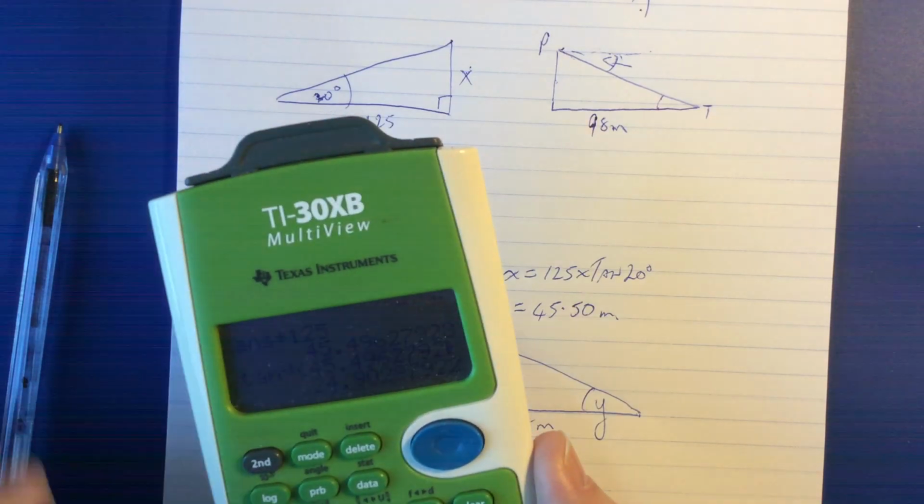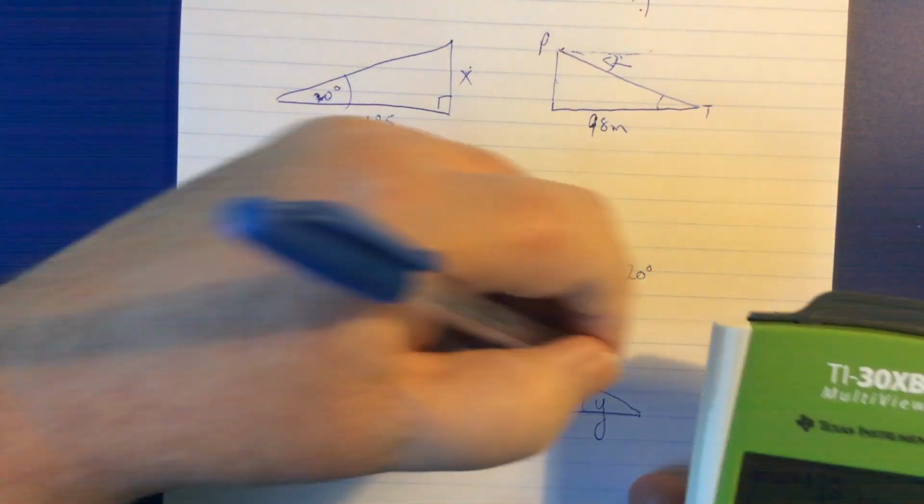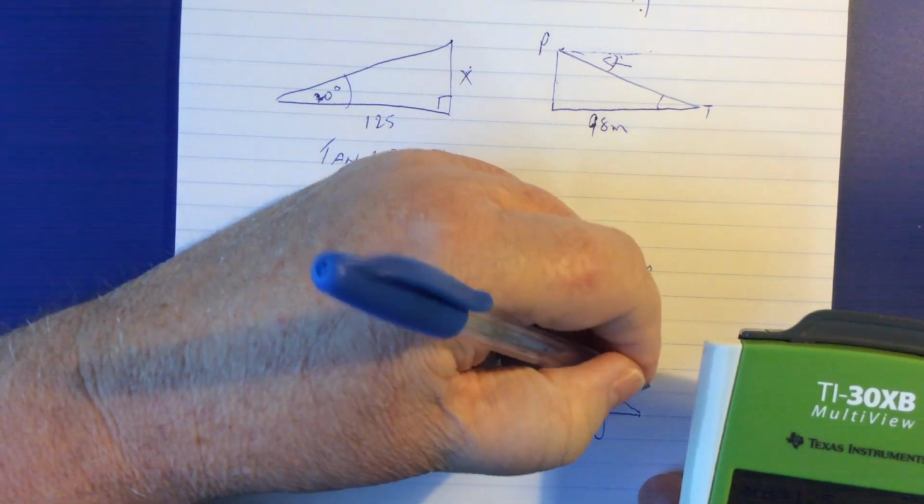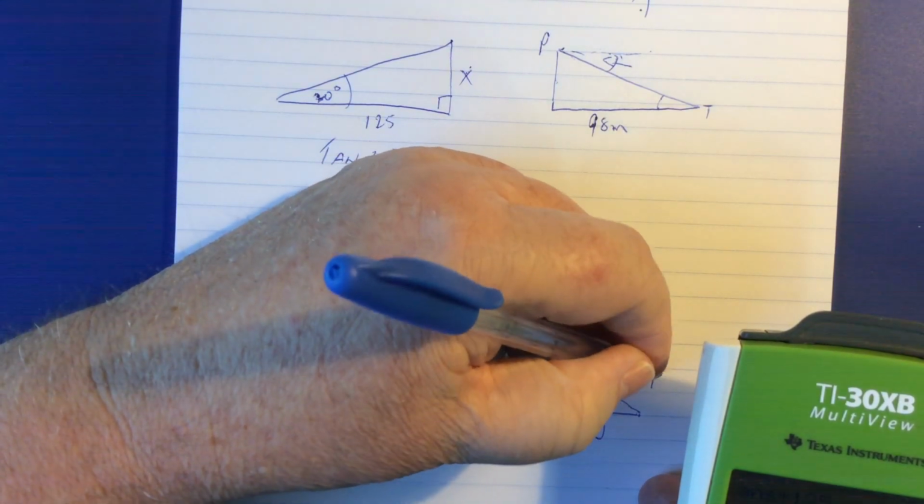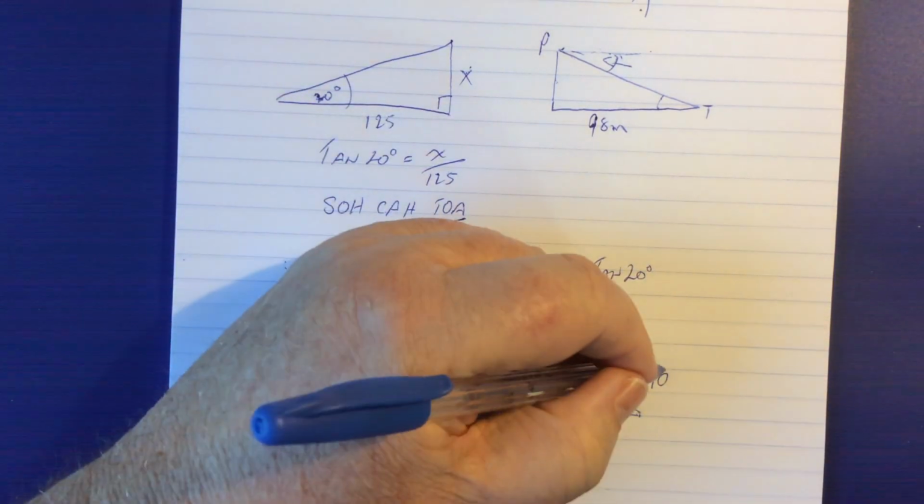Close the bracket, push go. We get 24 degrees. 24.90 degrees, we'll call it.